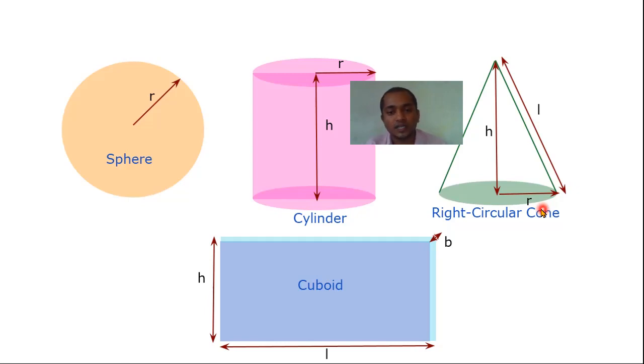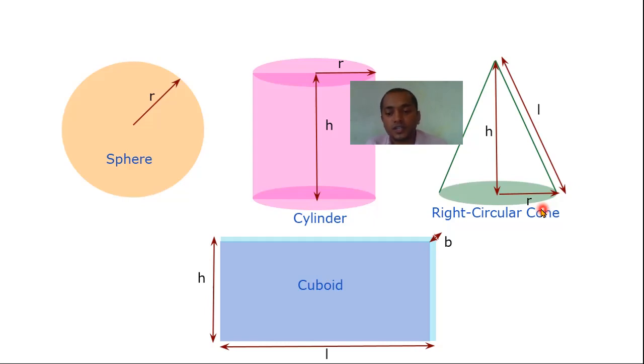I'll just quickly once again tell you all the formulas, only the formulas, so that in case you have any doubt, you can write them properly. The area of a sphere is 4 pi r square, volume is 4 by 3 pi r cube. Curved surface area of a cylinder is 2 pi r h, volume is pi r square h.